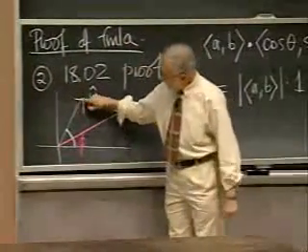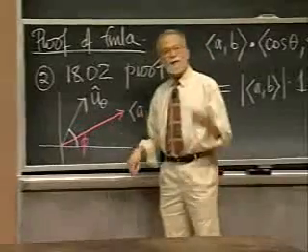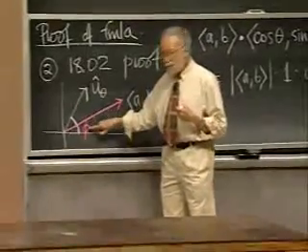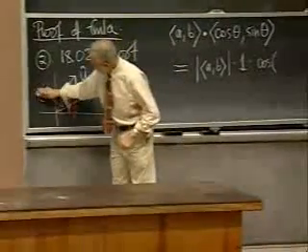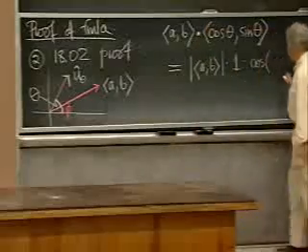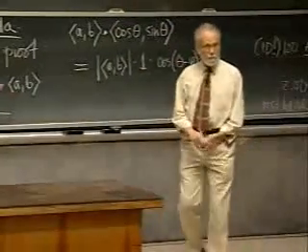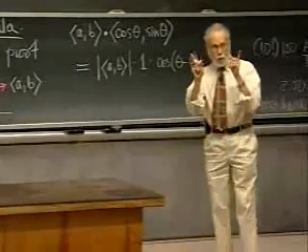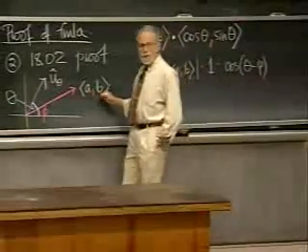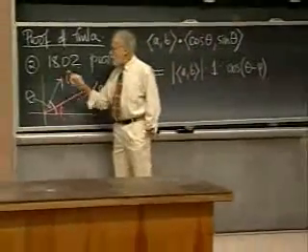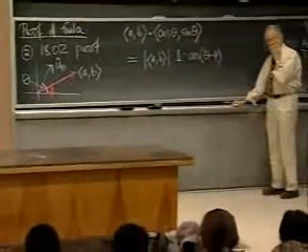And therefore, the included angle between u theta and my pink vector is theta minus phi. That's the formula. It comes from two ways of calculating the scalar product of the vector whose components are A, B, and the unit vector whose components are cosine theta and sine theta.